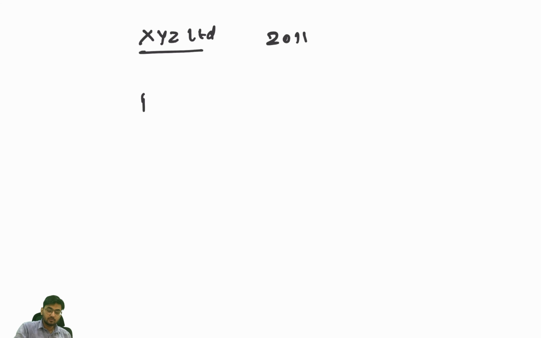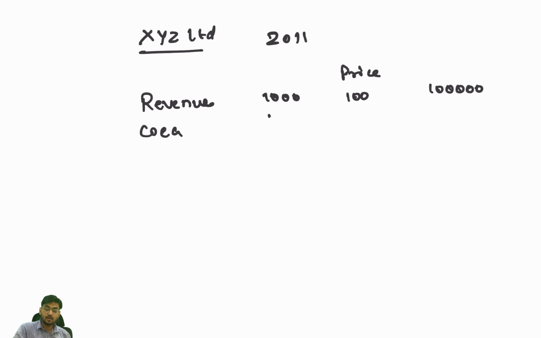Okay, now we have the information of revenue: 100 units sold with the price of 100. So how much is their revenue? 1 lakh. Clear? Cost of goods sold: 100 units sold, price of the goods sold means the cost of goods sold is 40,000.